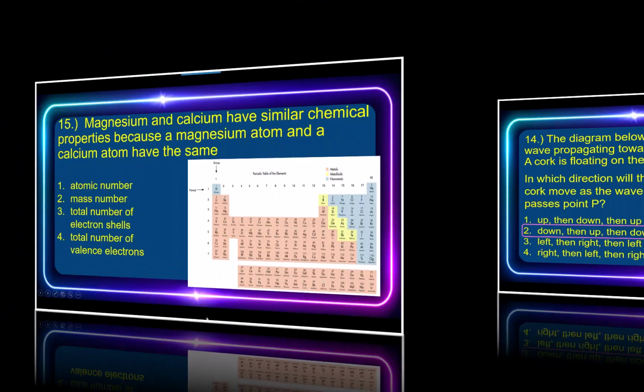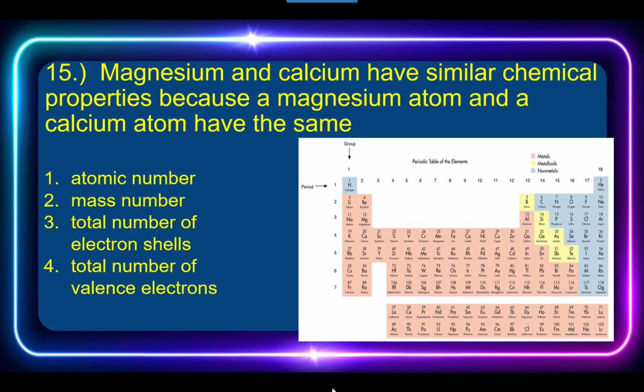points. Question 15. Magnesium and calcium have similar chemical properties because a magnesium atom and a calcium atom have the same, is it 1, atomic number, 2, mass number, 3, total number of electron shells, or 4, total number of valence electrons?